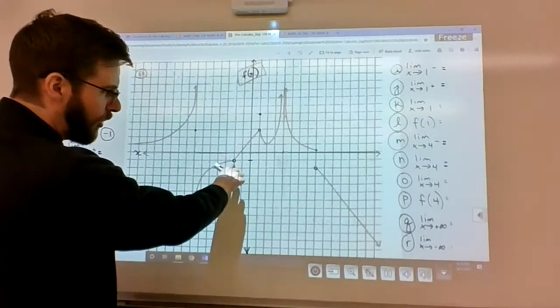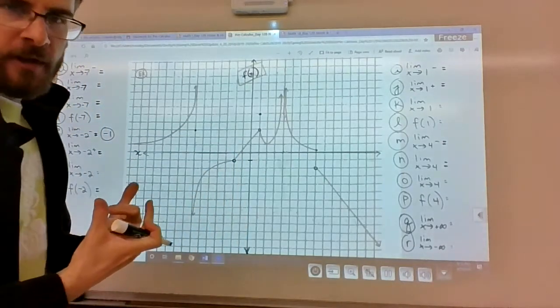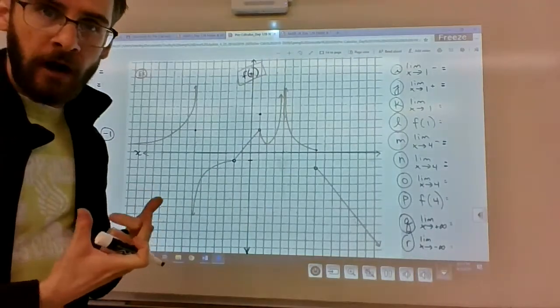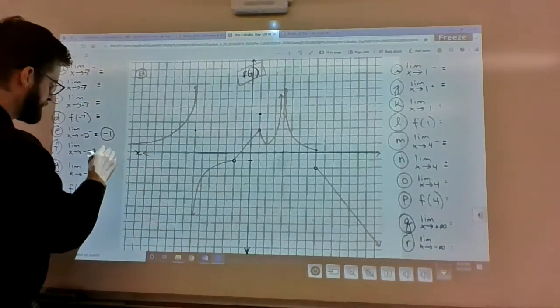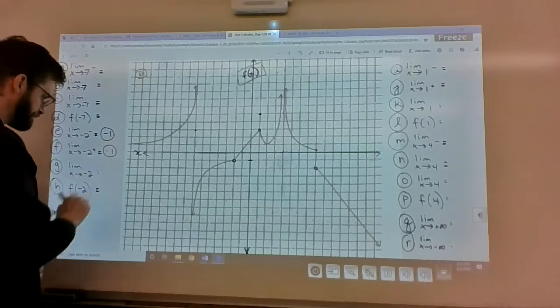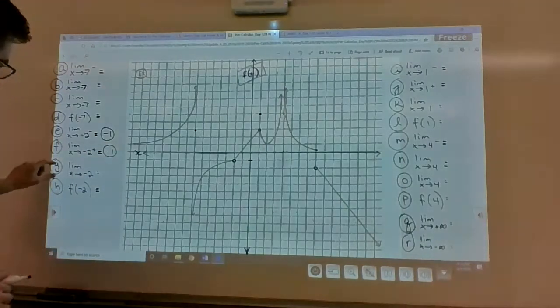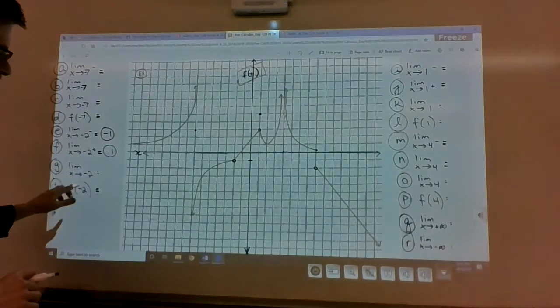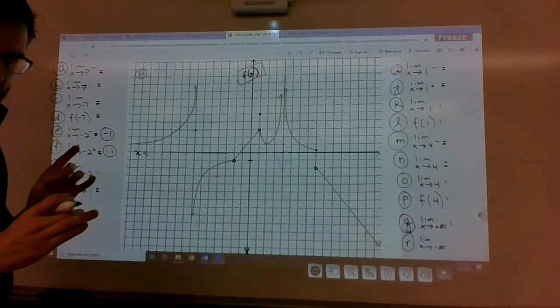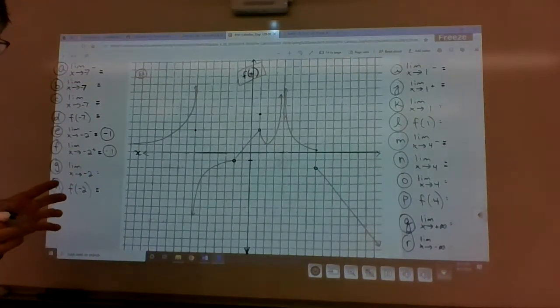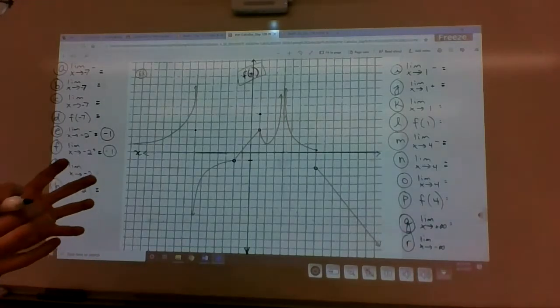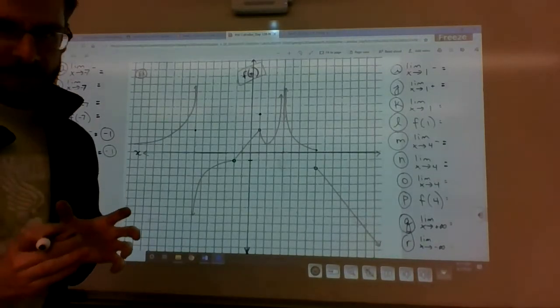Okay? This little hole right here means there's not an actual y value occupying that spot. So when x approaches -2, the limit is basically saying, what is the function trying to become as a y value?